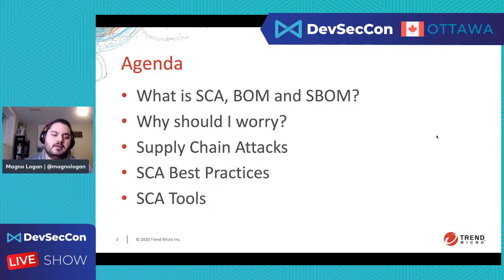And at the end, I'll mention some SCA tools. And if we have time, I'll probably do a demo of Snyk, which is the tool that I chose for the demo today. It can be any other, but I'm going to show how easily and quickly you can get yourself up and running with SCA and with Snyk as well.